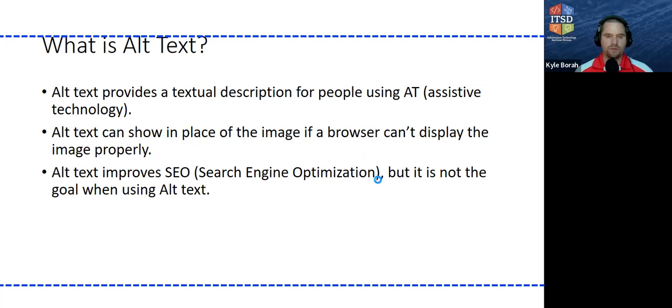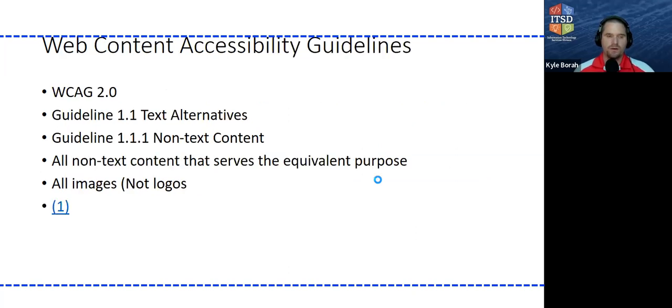And we'll get into a little bit more about that in a couple other slides. But it's very useful, like I said, to give that other information to people that can't see the image of what's going on in the image. And it can help you in those search results.